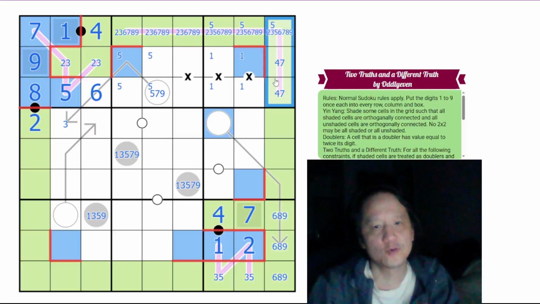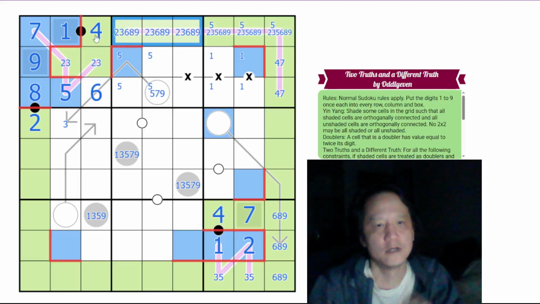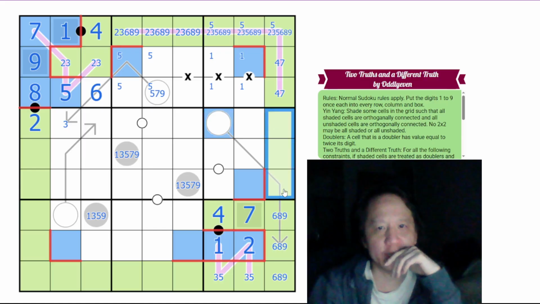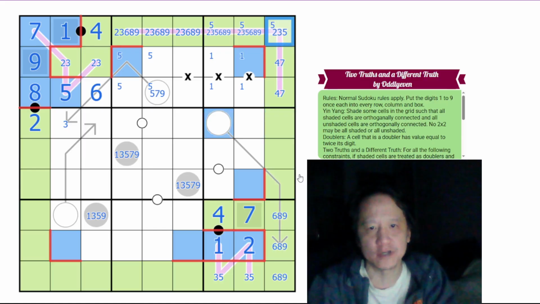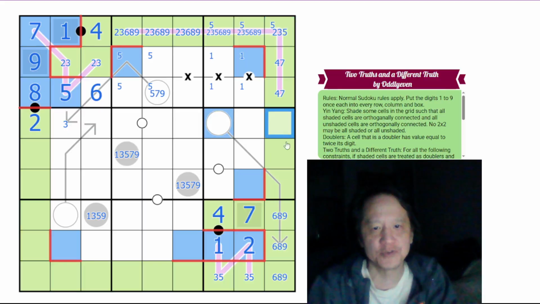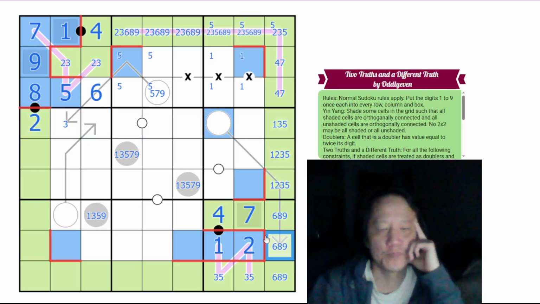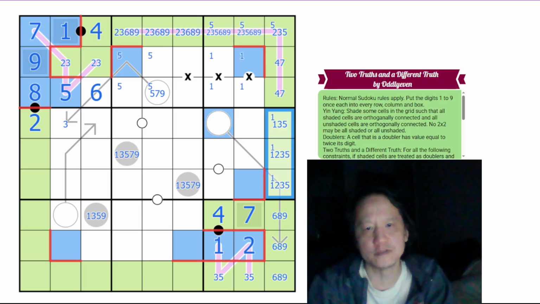1, 2. Okay, so this 4, 7 pair eliminates 4 and 7 the rest of the row. Remaining, okay, so this can't be 6, 8, or 9. So this is 2, 3, 5. The remaining digits in row column 9 are 1, 2, 3, or 5. This can't be 2 because of the 2 in the row here. We're guaranteed one of these is a 1.